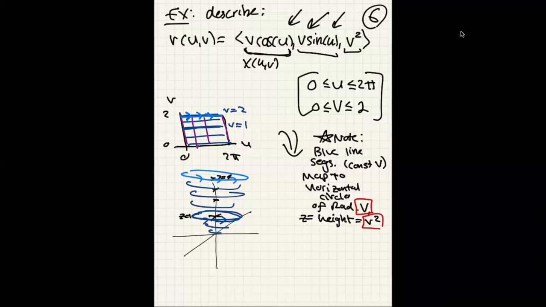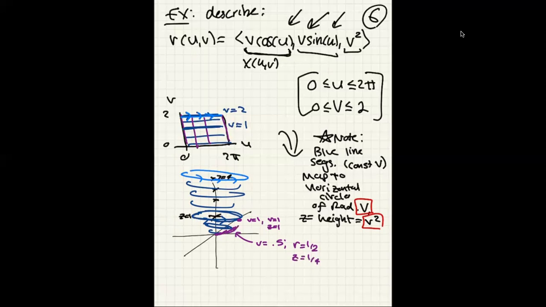And what do the V strips look like? They start down here at 0 and they move up. This is V equals 1, so radius equals 1 and Z equals 1. Then V equals 0.5, so this circle might be radius 1/2, and height is 1/4.